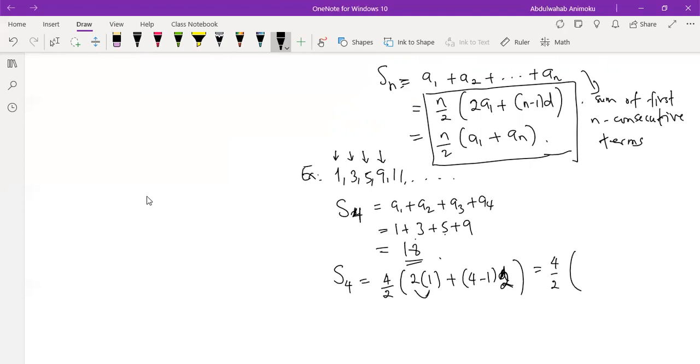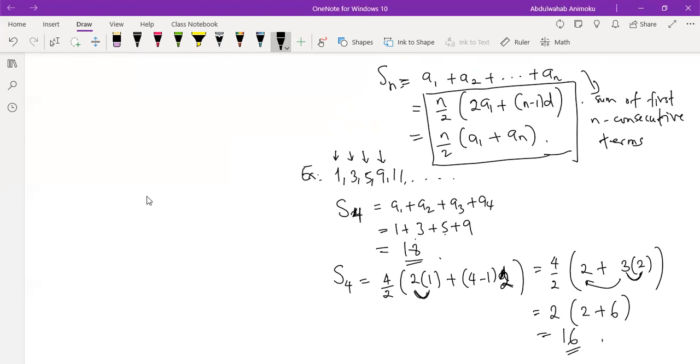The first thing is that you multiply 2 times 1. That will give us 2. The next thing is you do 4 minus 1, which is 3. Now, multiply by 2. You have to multiply this by 2 first before you add the other one to it, okay? So 4 divided by 2 is 2. We have 2 plus 6, and that will give us 8, plus 8 times 2, that will be 16.